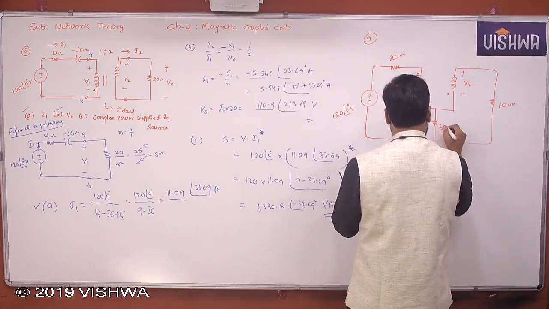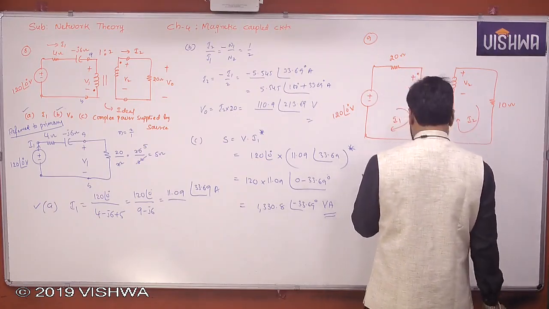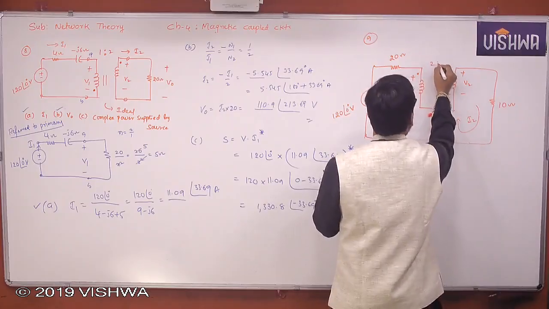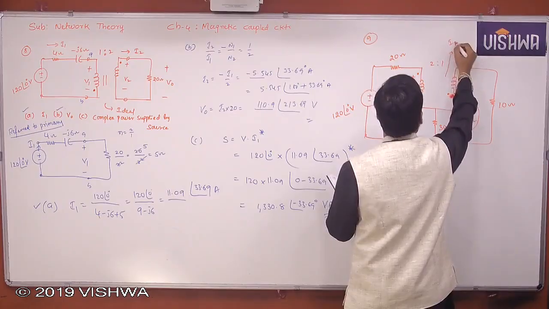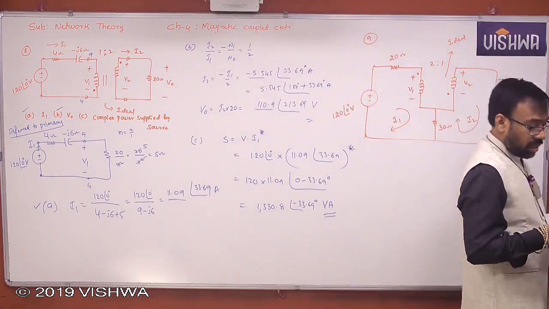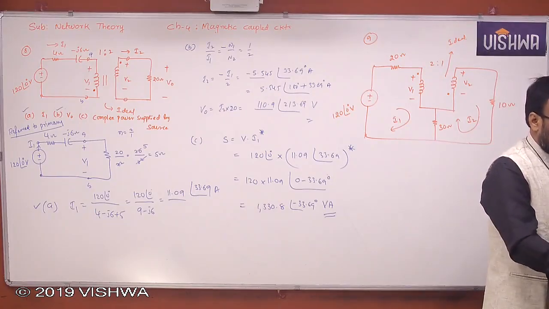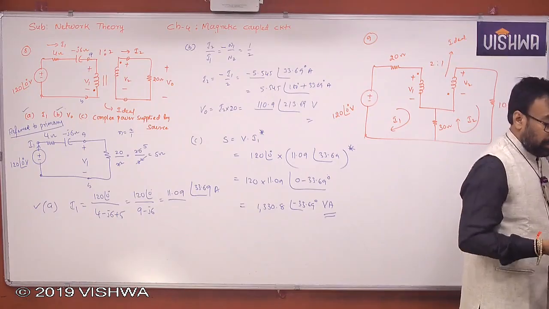I1, this is 30 ohm. This is I2. He has given here a 2:1 ratio. Okay, so an ideal transformer. Usually you will mention ideal transformer. Even if it doesn't mention, it is ideal by default if it doesn't give any reactances. If it's giving only the turn ratio but not giving any reactances, you can treat it as an ideal one.